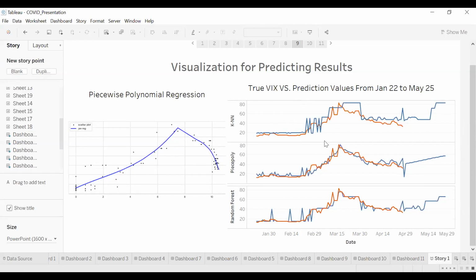From this plot, we can see the piecewise polynomial did a good job, and they almost overlap with each other. After April 27, the blue line, the extension part, is the prediction value.